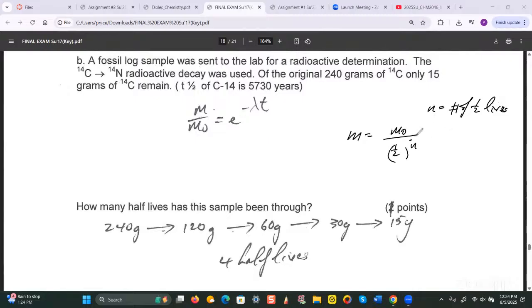So basically you have to solve for N. So you'd have to do (1/2)^N is equal to M over M0. And M would be 15 grams, M0 would be the initial mass, which is 240 grams. So 15 divided by 240.